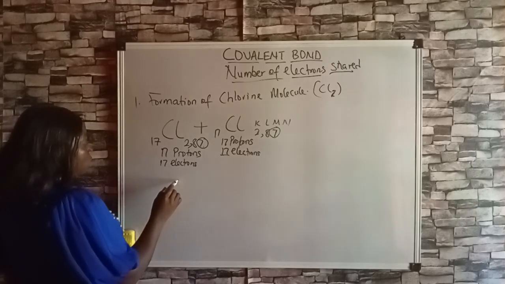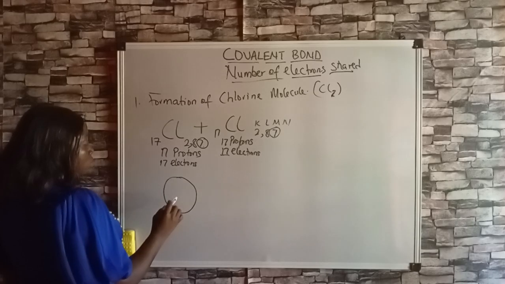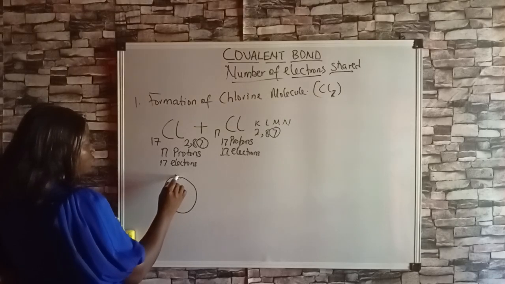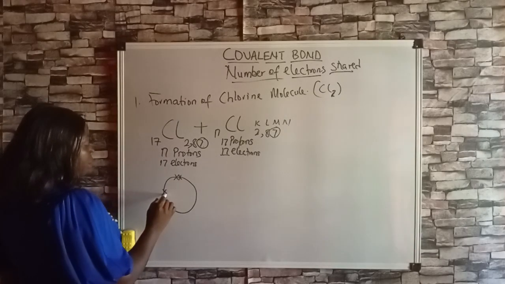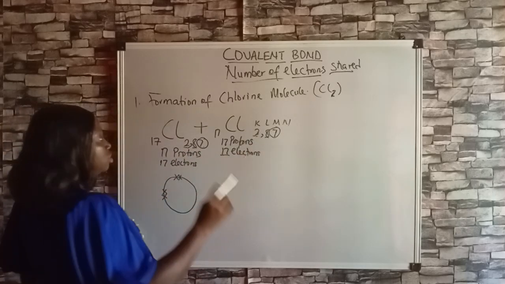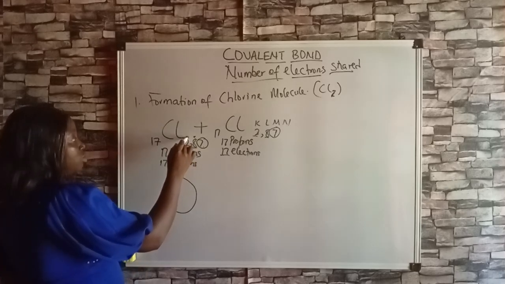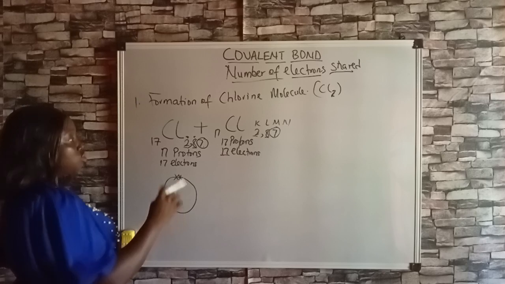So we draw the shell. Here we have 7 electrons in the outermost shell. Remember, these two inner shells will not undergo chemical combination because they have reached the duplet and octet stable configurations respectively.